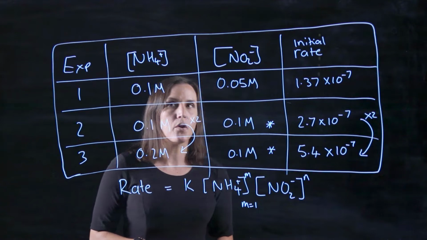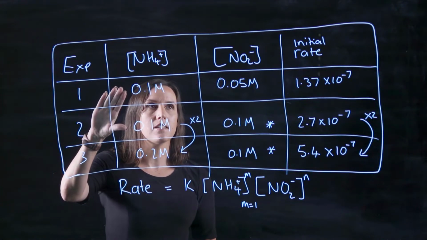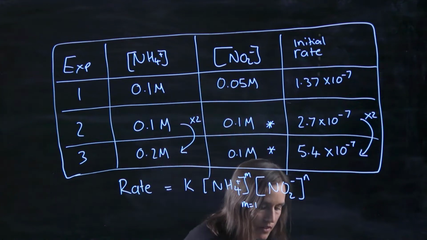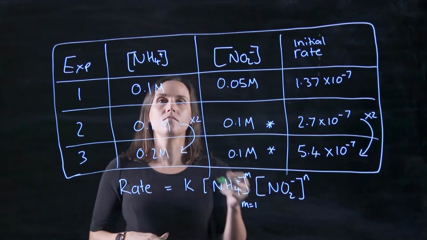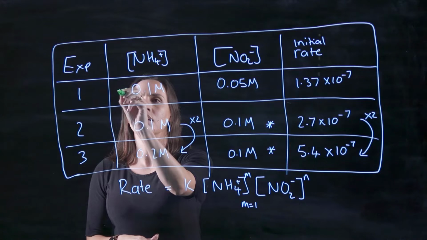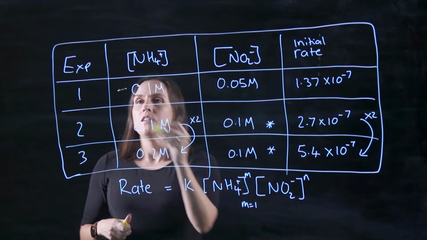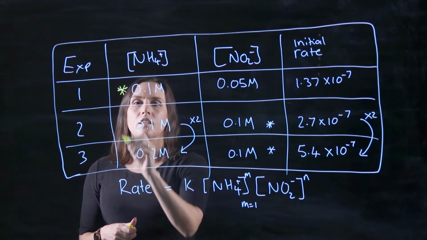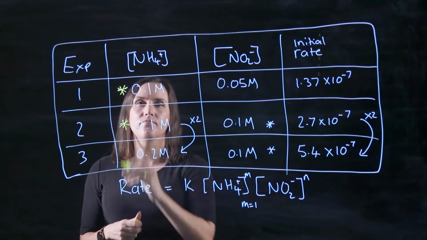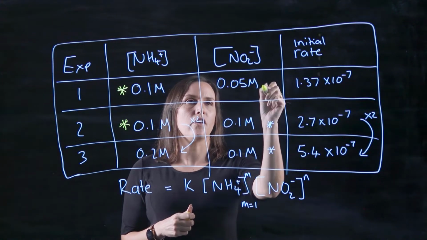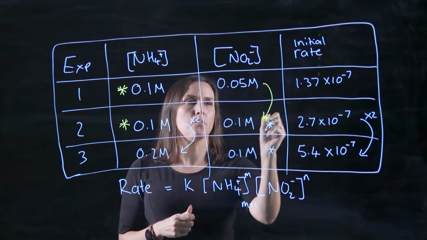So now we want to keep the NH4 plus the same and double the NO2 minus. So these ones here are the same, okay? And then if we have a look here, we're going from 0.05 to 0.1.